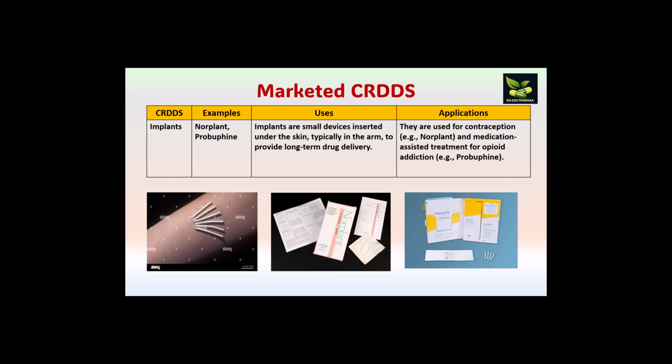Further example is implant. Here you can see Norplant, Probuphine. They are small devices which are inserted under the skin, typically in the arm, to provide long-term drug delivery. They are used for contraception. Norplant is used for this, and also medication-assisted treatment for opioid addiction is done by Probuphine.